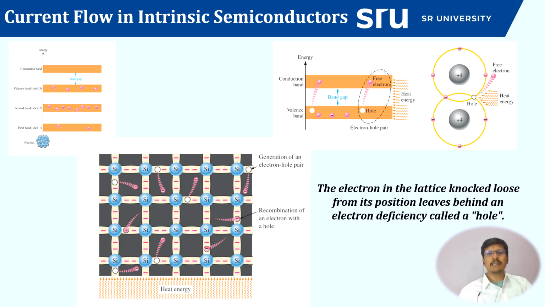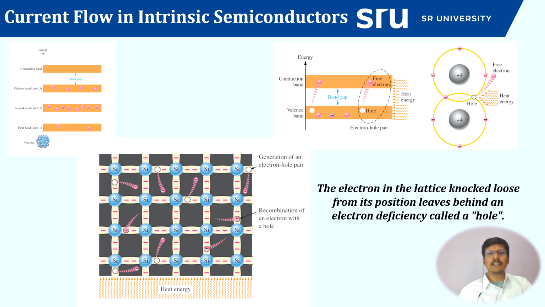This is an important concept that often confuses students. Remember, electron motion contributes to current, and hole motion contributes to current. The total current is the sum of electron current and hole current.